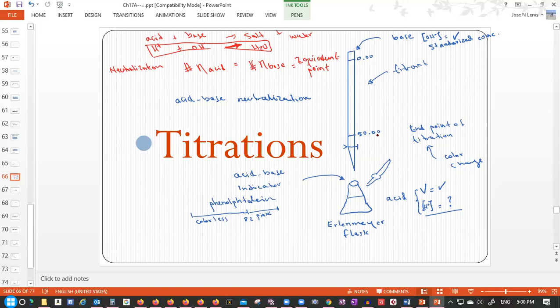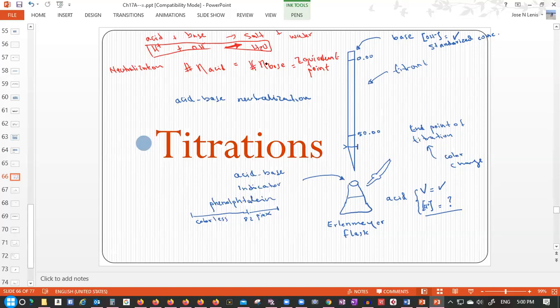So your eyes see the color change, complete color change, and your hands close the valve right away. See, it's just training to get close to the equivalent point, to the neutralization point.